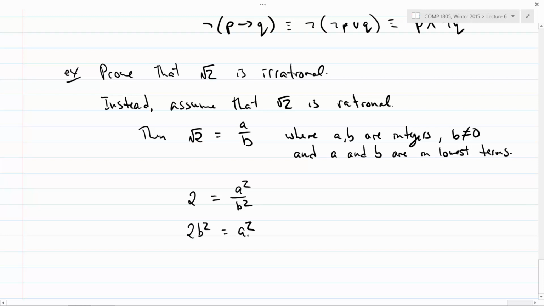Is that okay? So this says that a squared is even. Right? b is an integer, so b squared has to be an integer. So 2b squared is 2 times an integer, and since that's a squared, that means a squared is even. If a squared is even, what do I know about a? A is also going to be even.